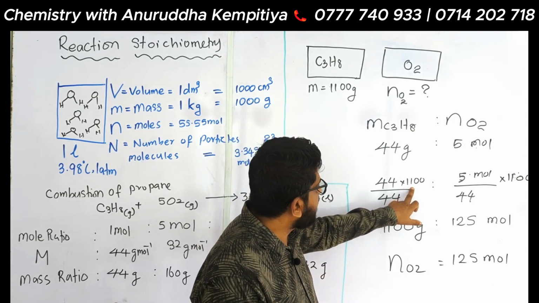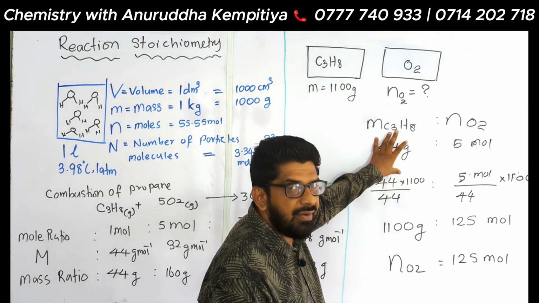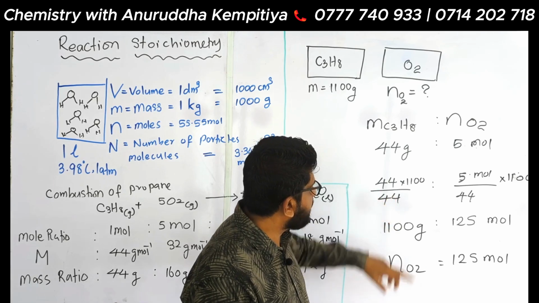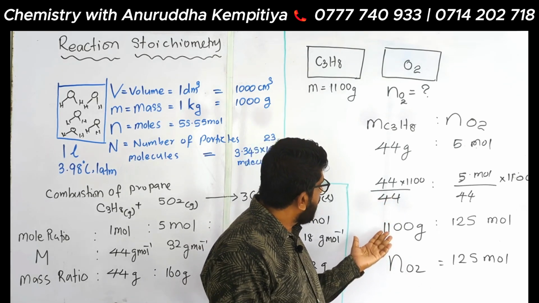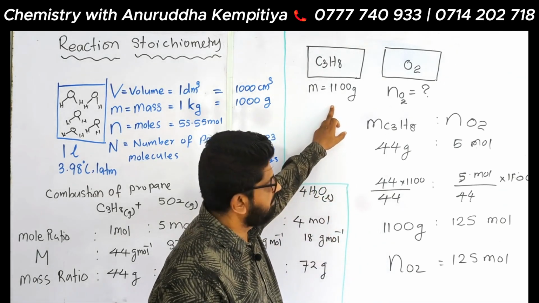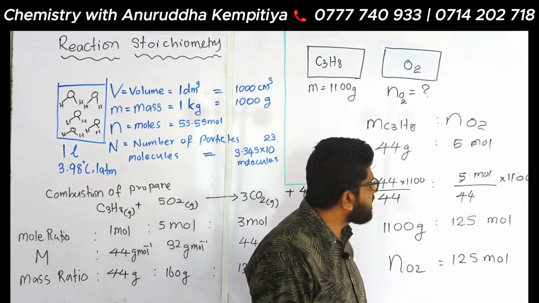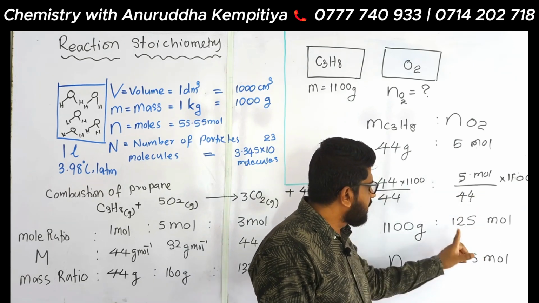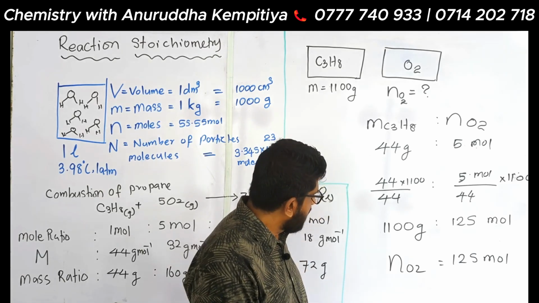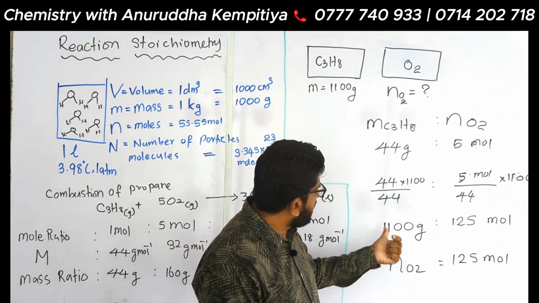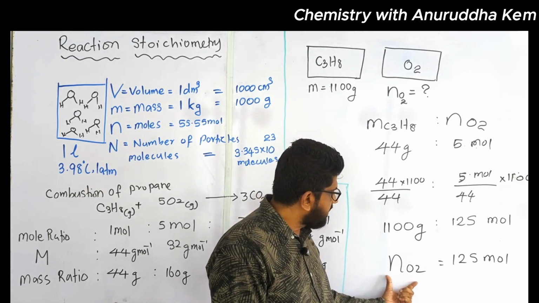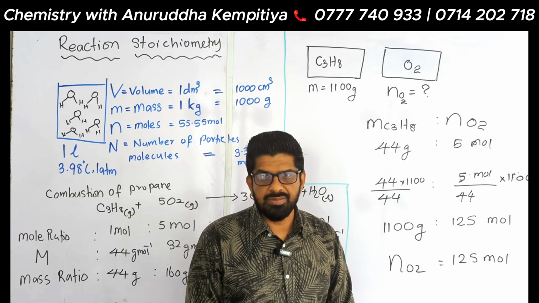I will leave the unit as it is, then 44 cancels, and I am getting 1100 grams. That is the quantity given to me. The other side, if I simplify this, I am getting 125 moles. Therefore the answer is number of moles of oxygen required is 125 moles.